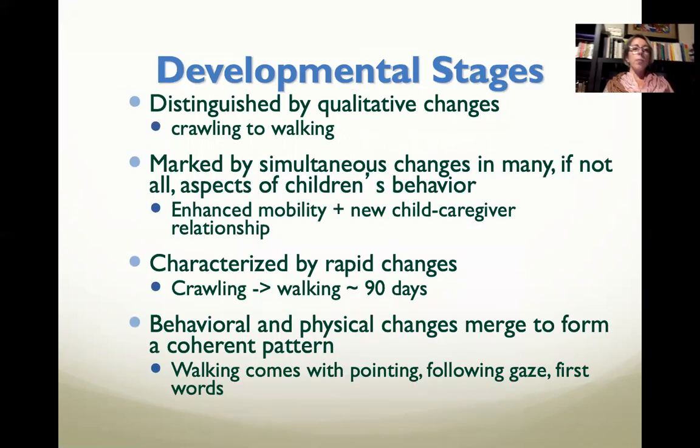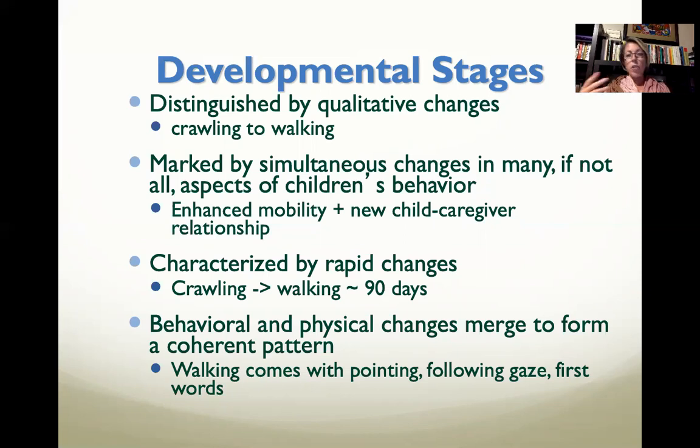Okay, so some characteristics of developmental stages. You've probably heard of developmental stages before, but these are the key aspects that make something a developmental stage. Qualitative changes. For babies, an easy one is crawling to walking. A lot changes around the same time that kids are moving from crawling to walking. We often get our first words around that same time.